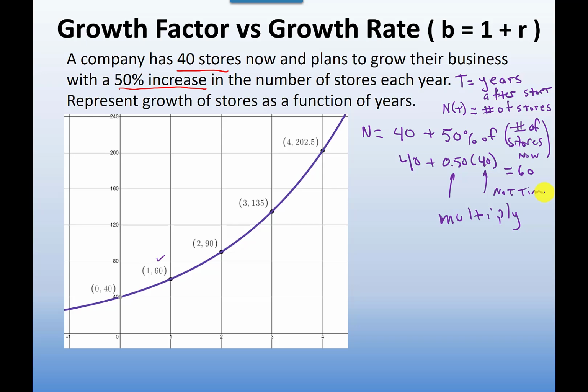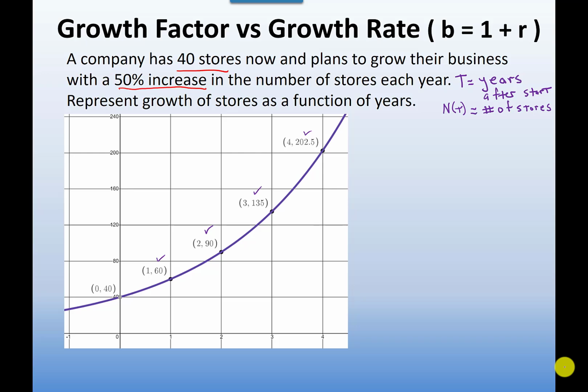So this mathematically will get it, but I have to get all these data points one by one by one by one, and it's going to be really hard to model this as a function. I need a multiplier that involves t. It involves the years, not the stores. Okay, so what I'm going to do is scratch this, rewind, go back to the drawing board.